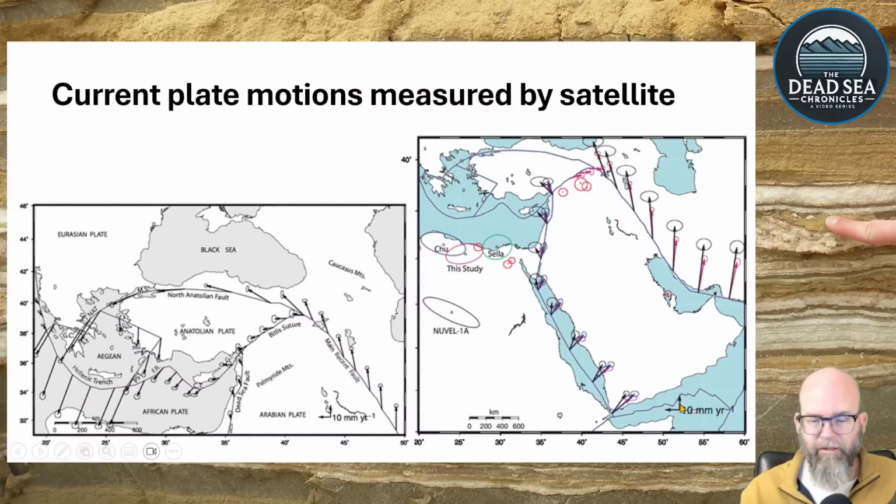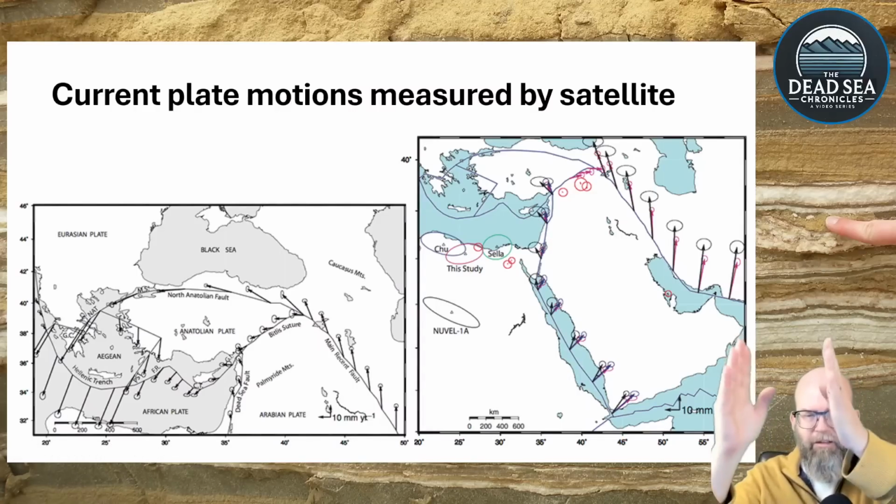So this much down here is 10 millimeters, and this is more than 10 millimeters. There are plates that are moving at 50, 60 millimeters a year, a very rapid pace. But down here, you see the Dead Sea Rift? The Arabian plate is moving in this direction, but it's also moving in this direction and this direction.